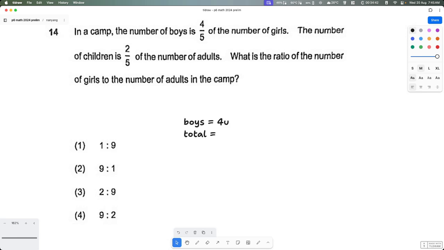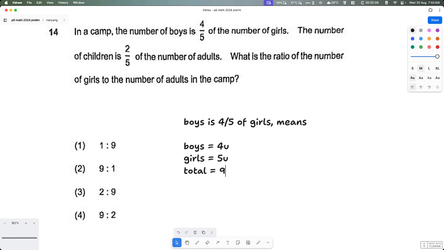No, no. So girls is equal to 5 units. Boys is 4/5 of girls means, okay, boys equal to 4 units, girls equal to 5 units, so total equal to 9 units.